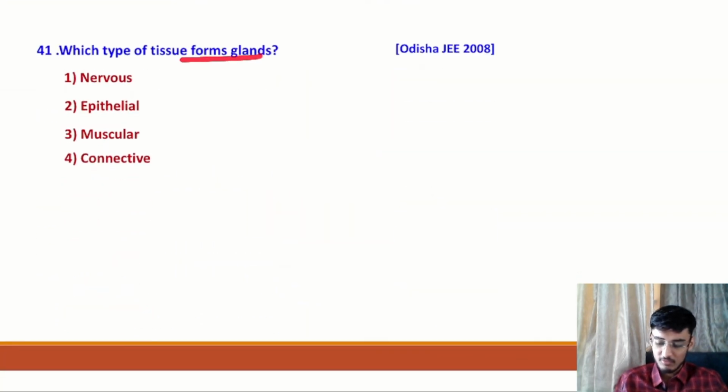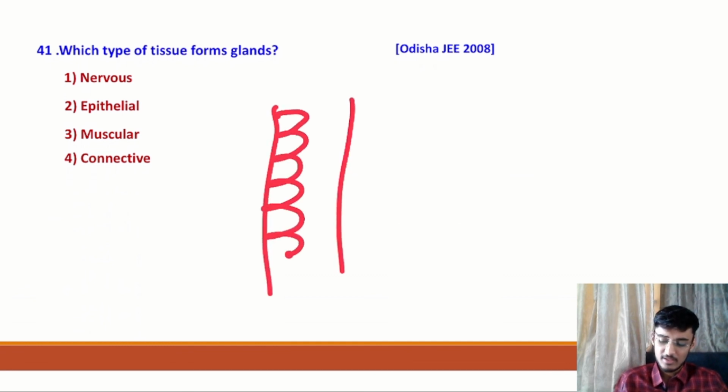Which type of tissue forms the gland? Epithelial tissue. All types of epithelial tissue: columnar epithelial tissue, squamous epithelial tissue, cuboidal epithelial tissue, pseudostratified columnar ciliated epithelial tissue. Here you can find the different types of tissue.